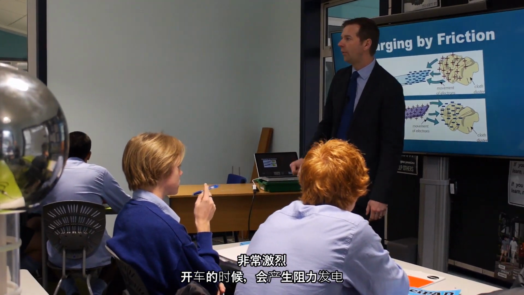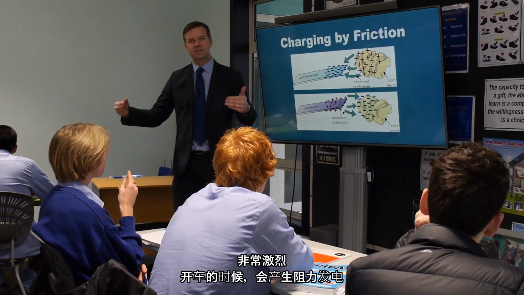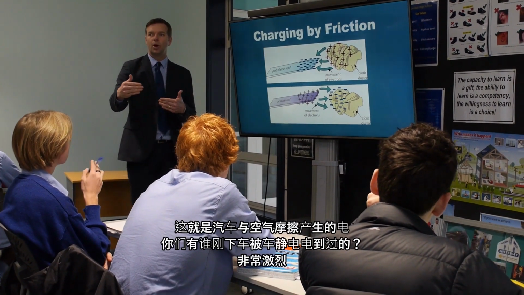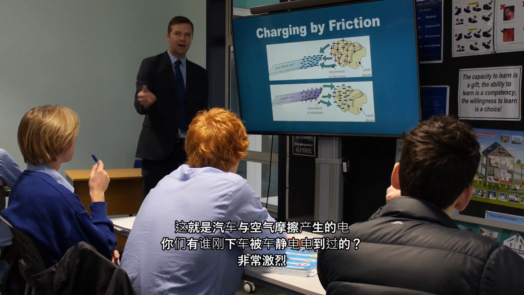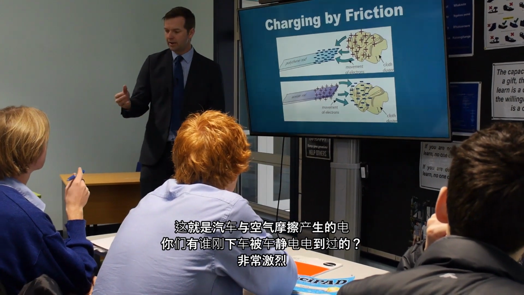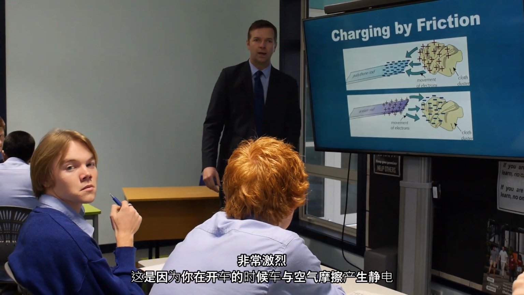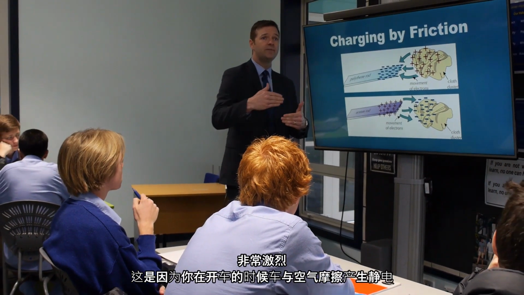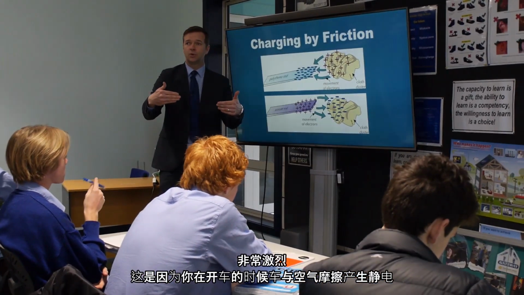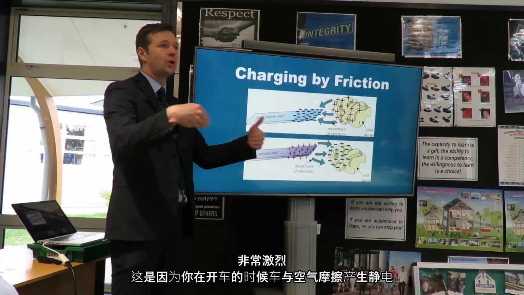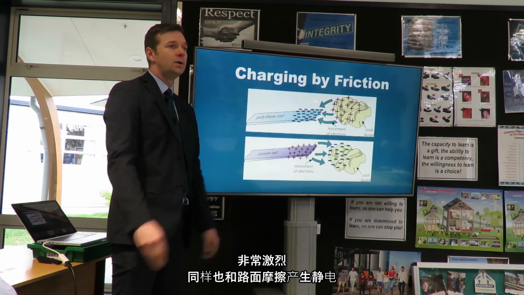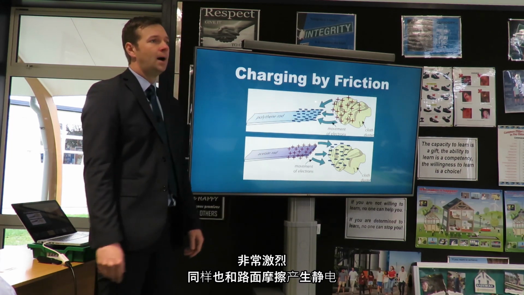When you drive your car down the road, it builds up a static charge because of the friction of the air molecules. How many of you have ever got out of a car and got zapped by the car? That is caused because you're driving down the road and the friction of the air molecules is either removing or adding electrons to your car. Also with the road as well.